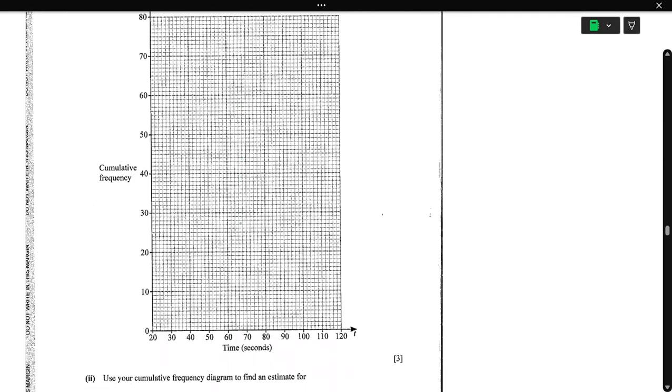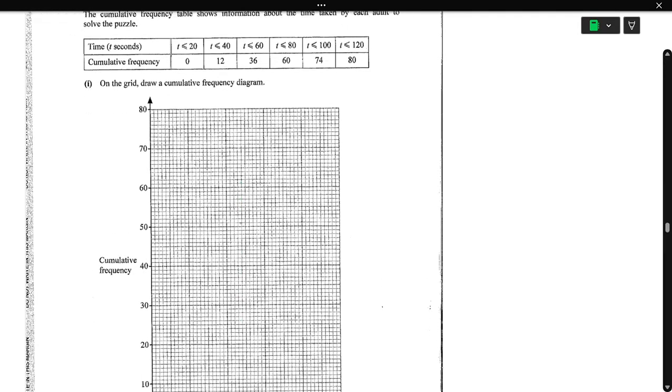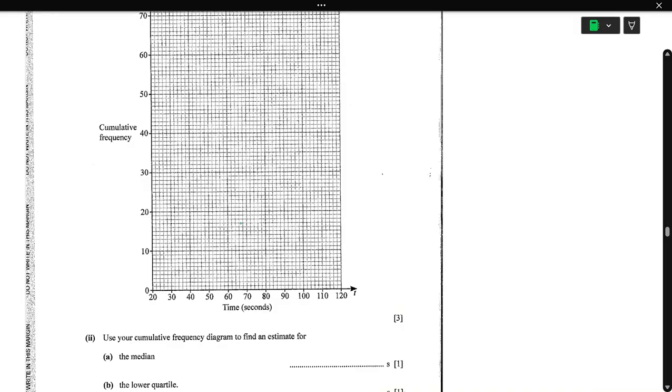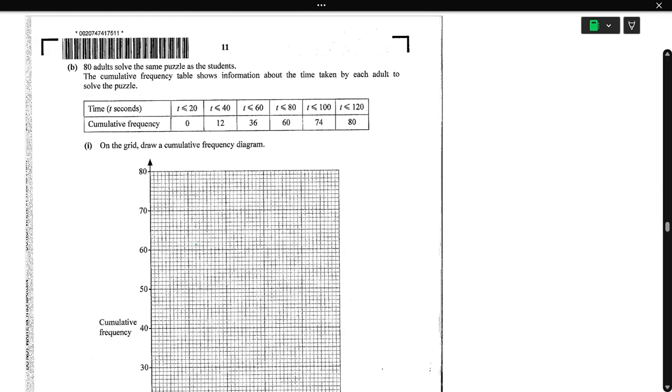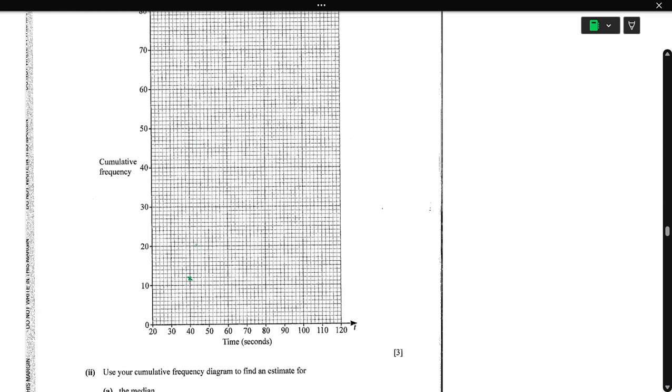First, up to 20 is 0, that's fine. 40 is 12. Then next, 60 is 36.